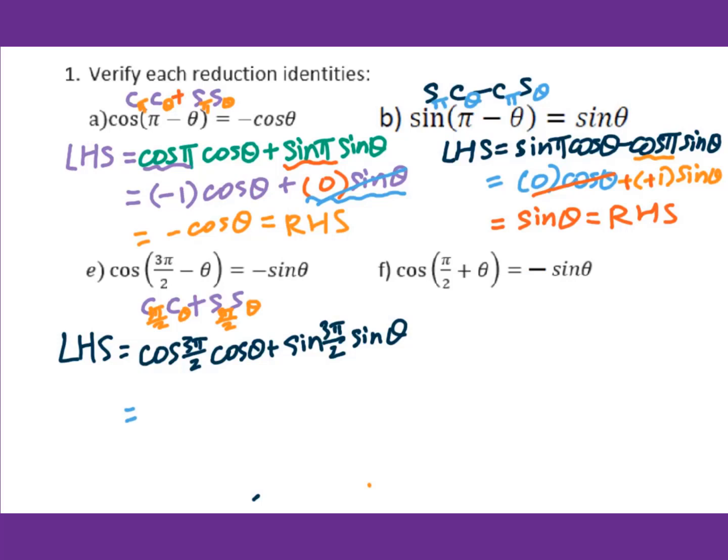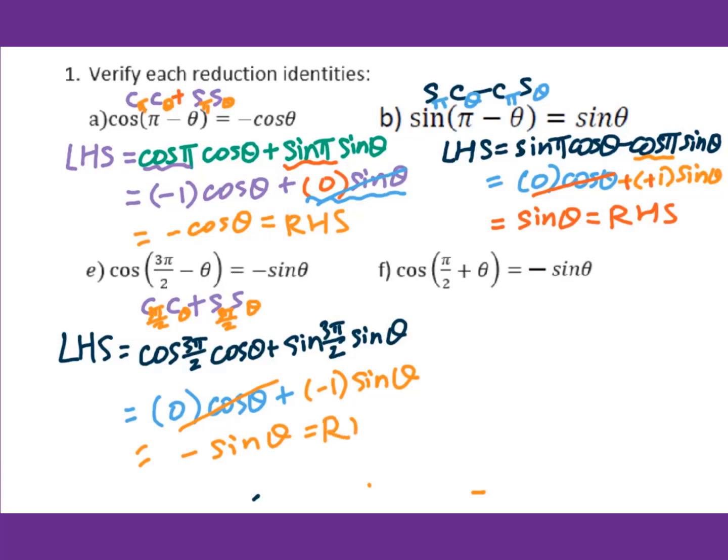So we got cosine 3 pi over 2, that's 0, cosine theta, plus sine 3 pi over 2, that's negative 1, sine theta. This will be 0. Then we got negative 1 times sine theta is negative sine theta, equals right hand side. We finish this proof.